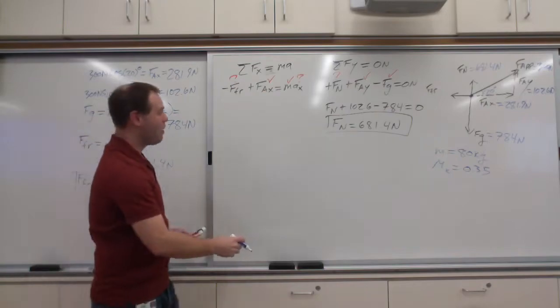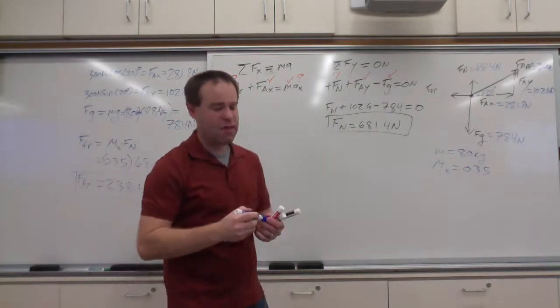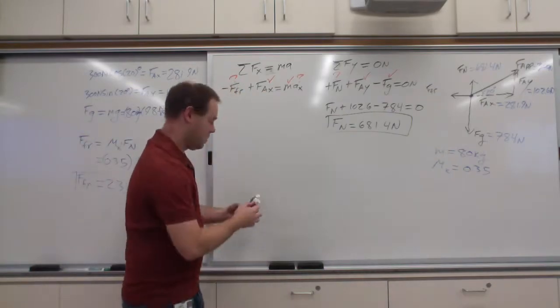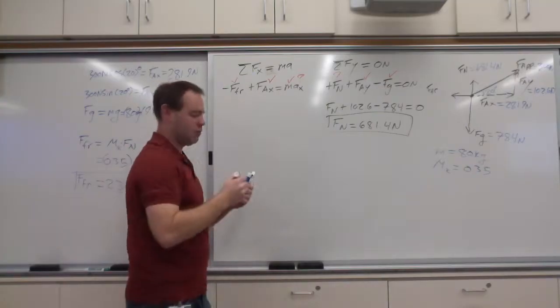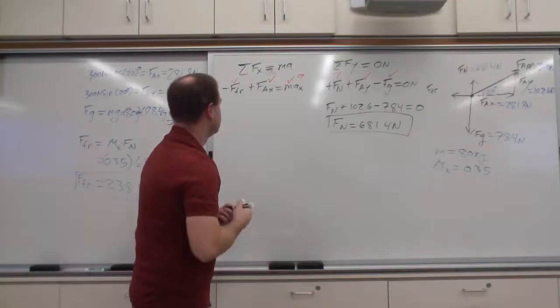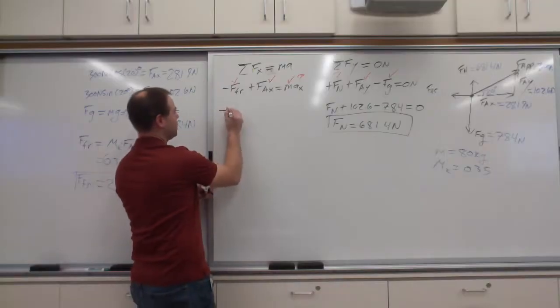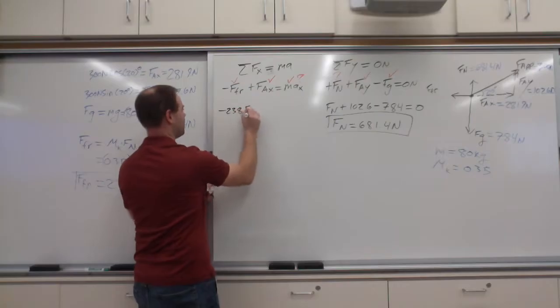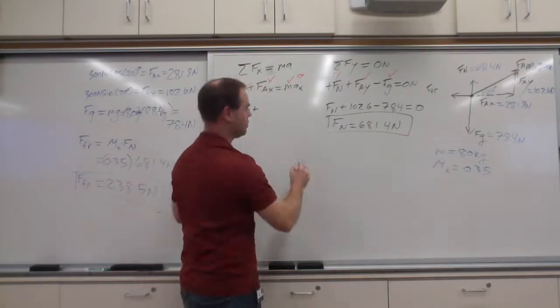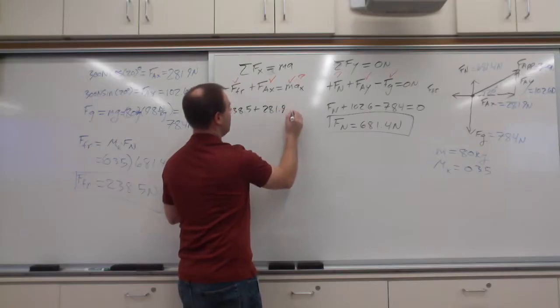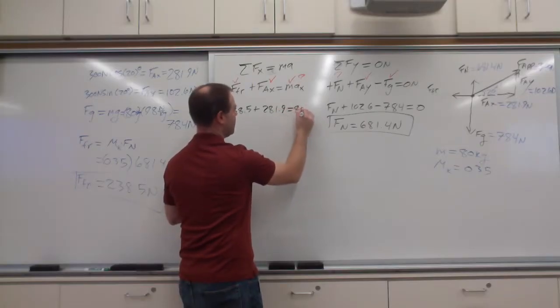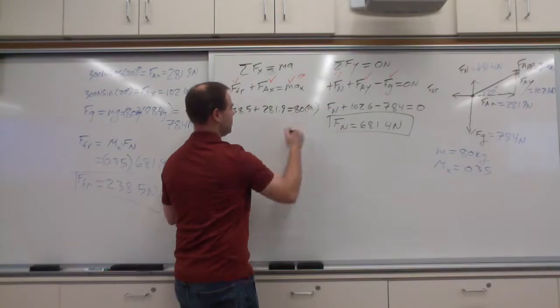Okay, now if we come back to our net force equation in the x direction, now we discover that we've got this value, so our only unknown is acceleration, and we can solve for that. So we go ahead and we plug in our numbers: negative 238.5 plus force applied in the x direction, which is 281.9, is going to equal mass, which is 80 kilograms, times acceleration.